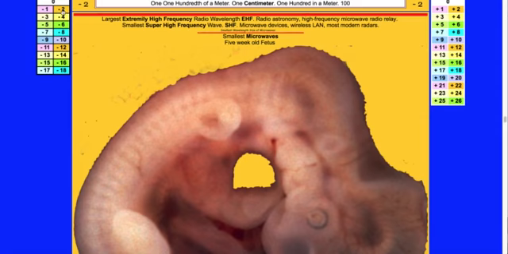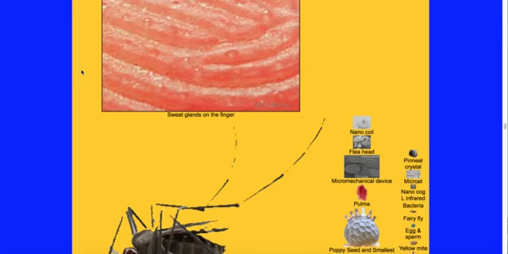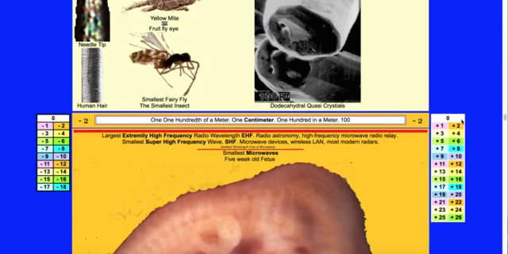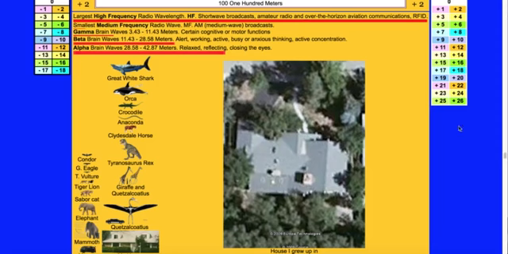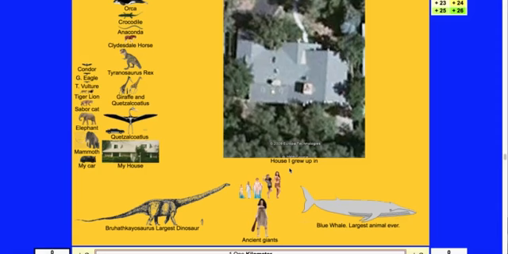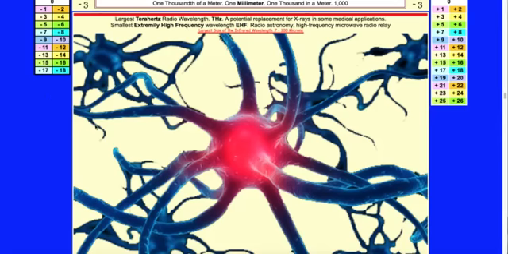All right, -2. So a little baby that's 5 weeks old, your fingerprint, and a mosquito are the same size as what you are to a house. Oh, okay. Or a whale. Okay. So let's see, a brain.